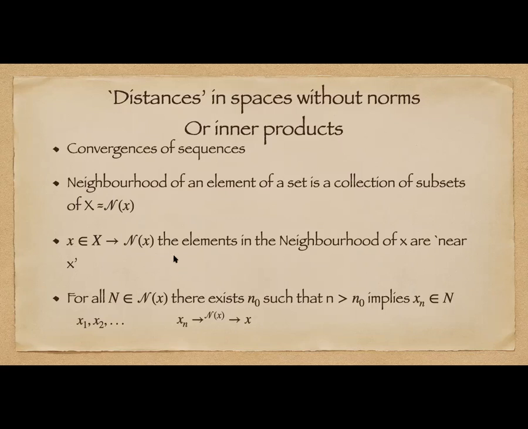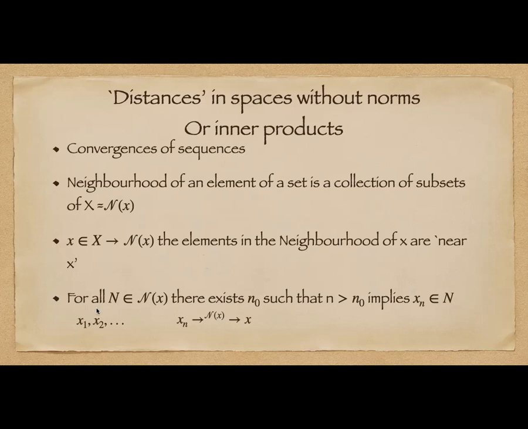How do we define this neighborhood or nearness? This is using a sequence and convergence of these sequences. If we don't have that structure, then obviously we won't have any sense at all. So if we don't have this convergence of sequences, then that set cannot be discussed using these techniques.